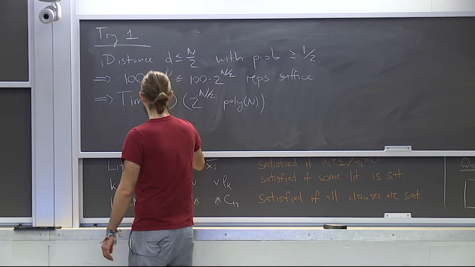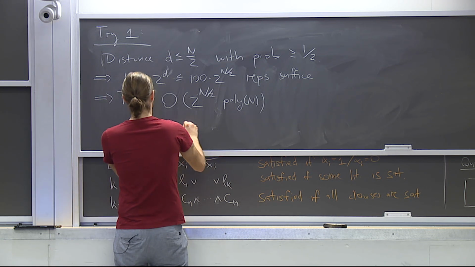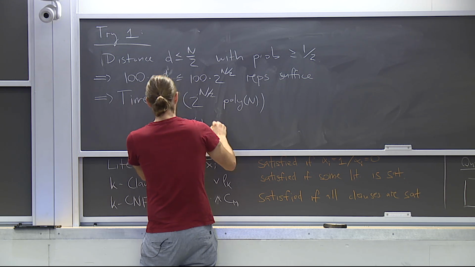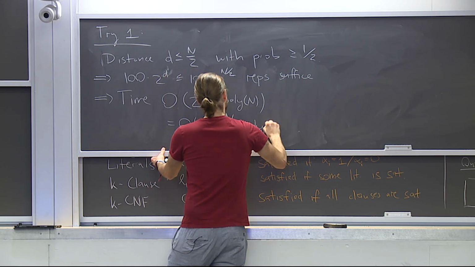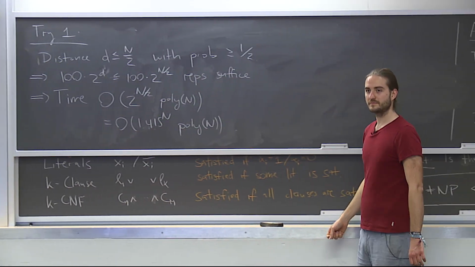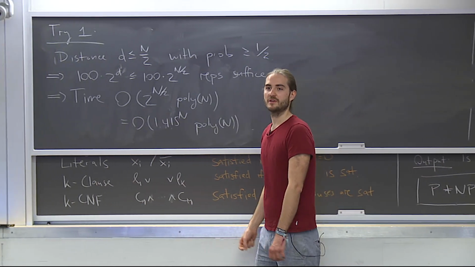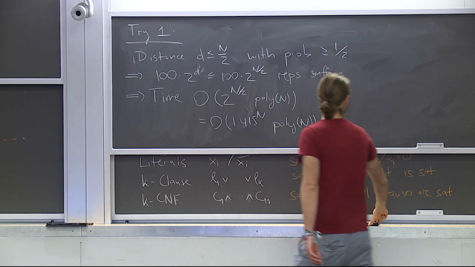And if you work it out, this is basically just square root of 2. So this is 1.415 to the n times poly n, which already shows that the approach is pretty powerful. But let me spend one more equation to show you that you can actually analyze it better. You can actually get a better constant than root 2 in the base.